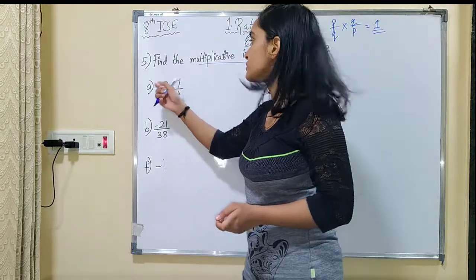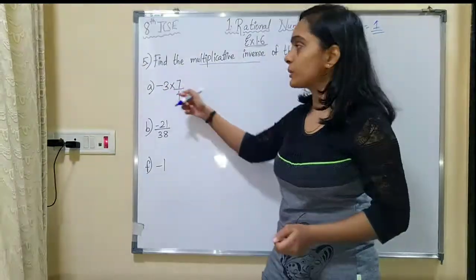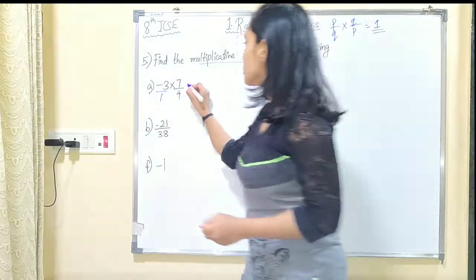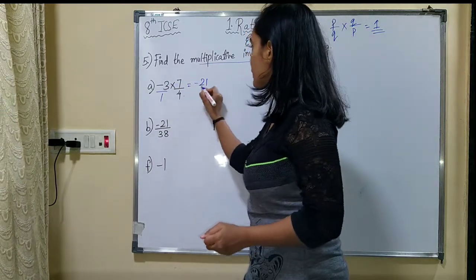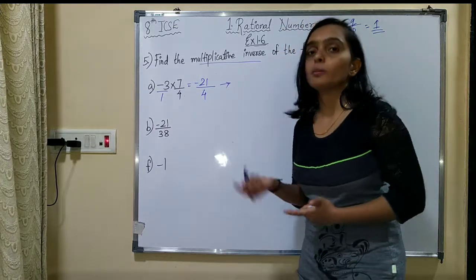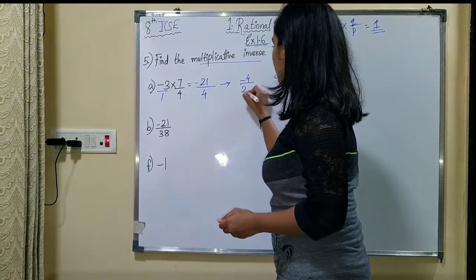The first question is minus 3 multiplied by 7 upon 4. So here first we will multiply these rational numbers. So minus 3 means minus 3 upon 1. So 3 multiplied by 7 is 21, minus 21, and 1 multiplied by 4 is 4. So the multiplicative inverse of this will be minus 4 upon 21.